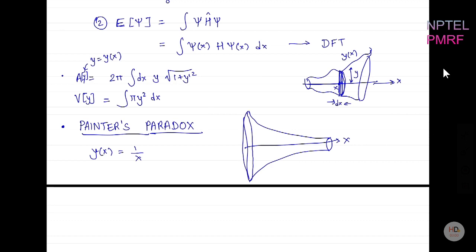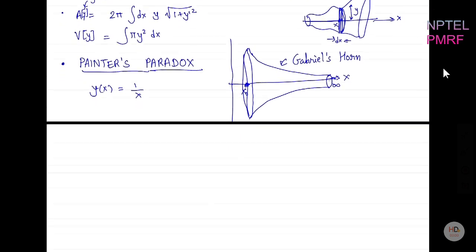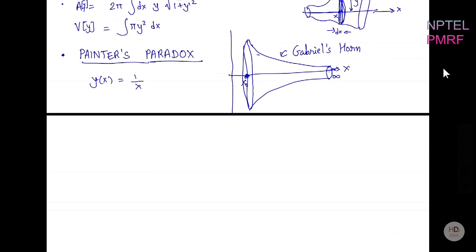Then you start with some non-zero value and go till infinity. So start with some x0 and go up to infinity. This shape looks like a horn. It's called Gabriel's horn. The question is, what is the surface area of this shape and what is the volume?